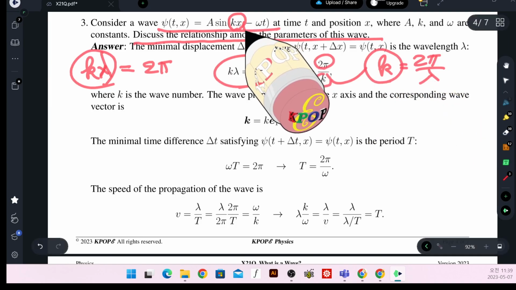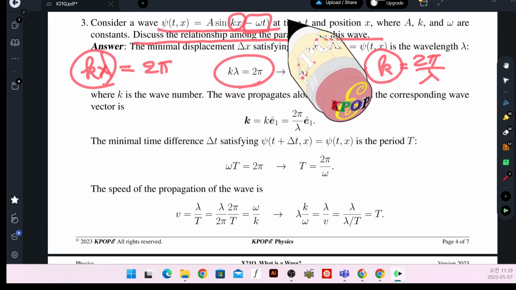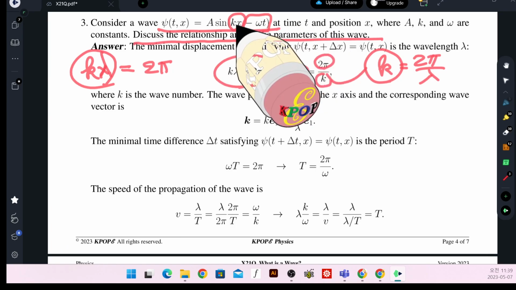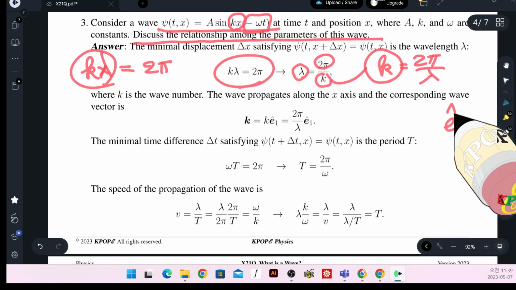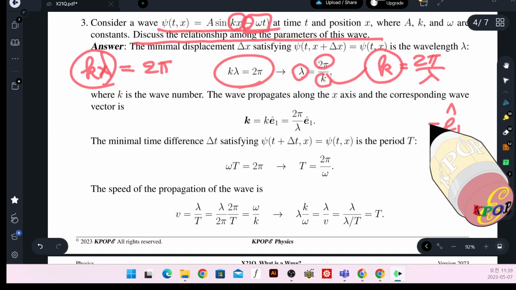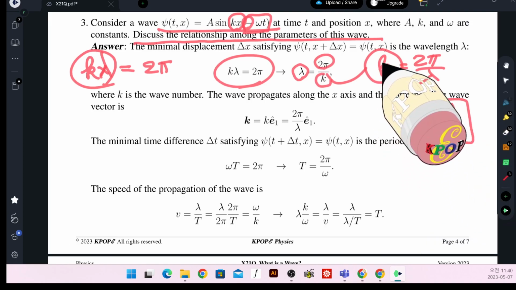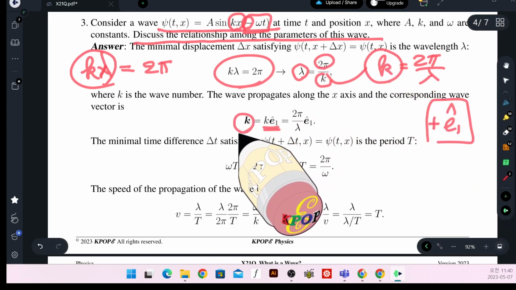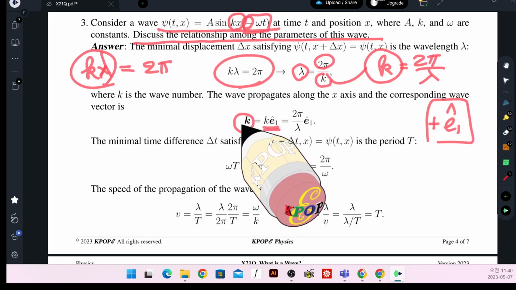According to this time-dependent part, we know that this is propagating to the right-hand side. And this variable x identifies the direction of propagation, e1 hat, and according to this negative sign, we have the direction of propagation. So if we combine these two, we can construct a wave vector whose magnitude is the wave number and whose direction is the direction of propagation.